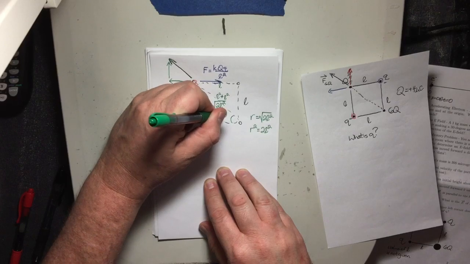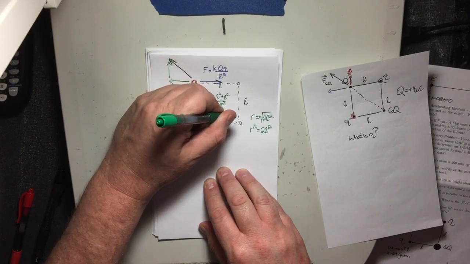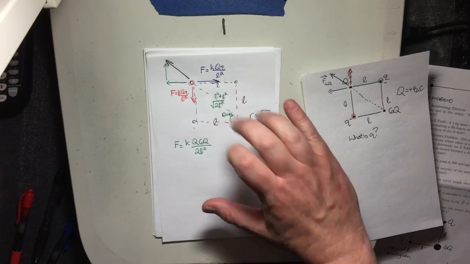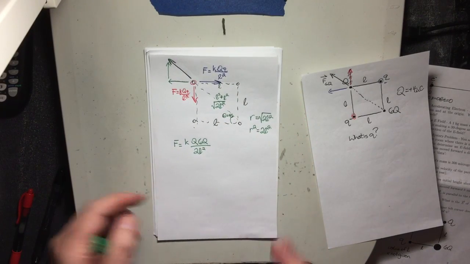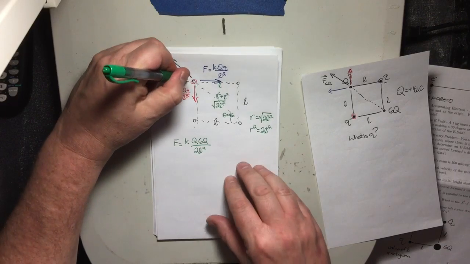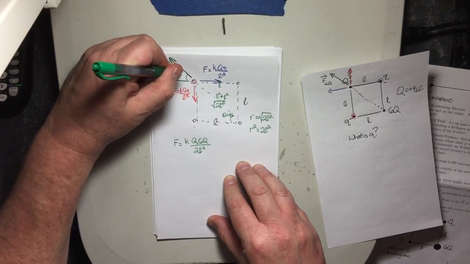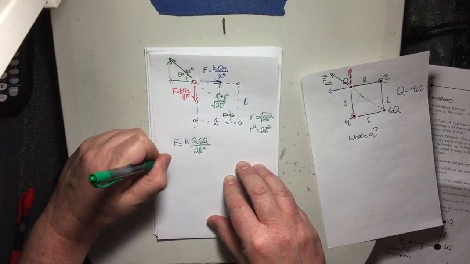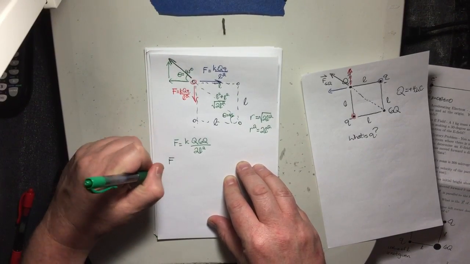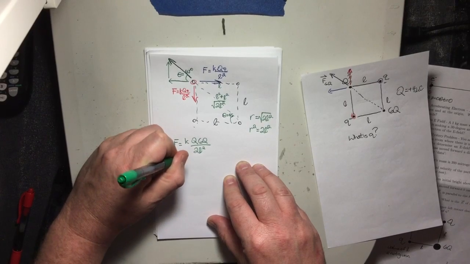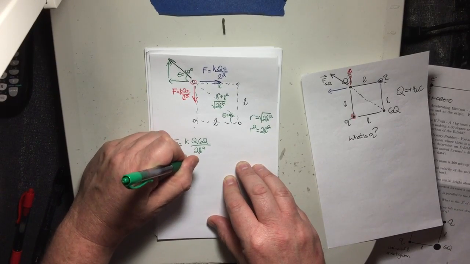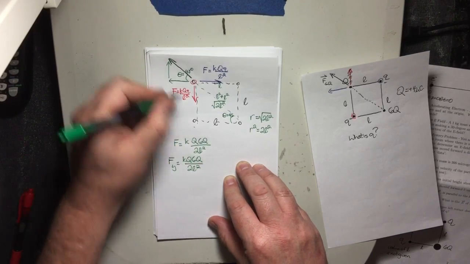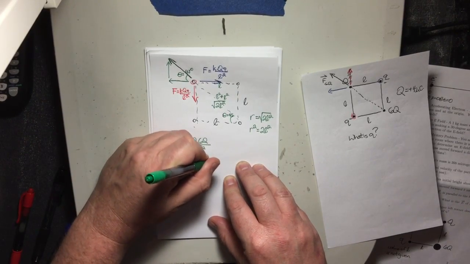That angle is 45 degrees. It's a line that bisects a right angle. It's a square. So that angle has to be 45 degrees, which means that this angle has to be 45 degrees, which means the green F in the Y is KQ 6Q over 2L squared sine theta.